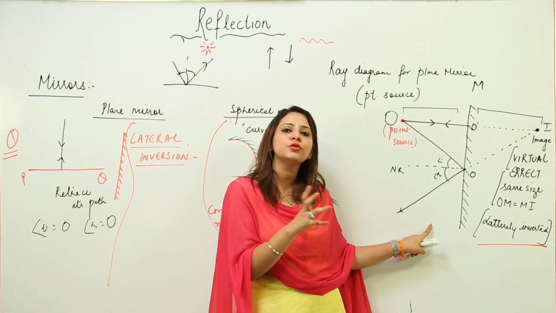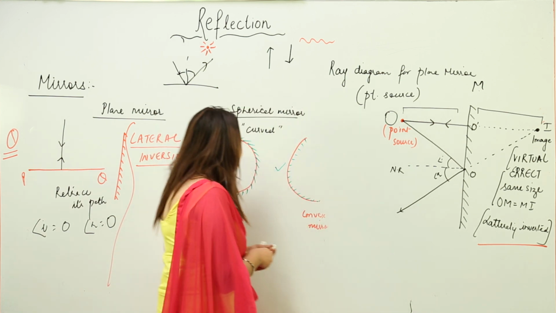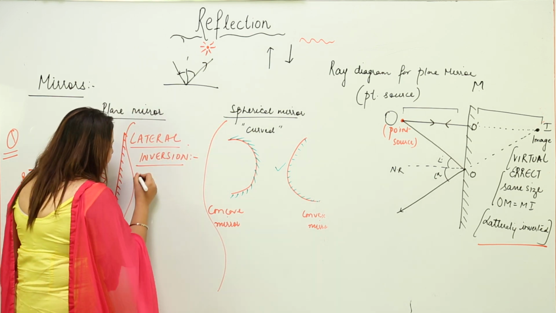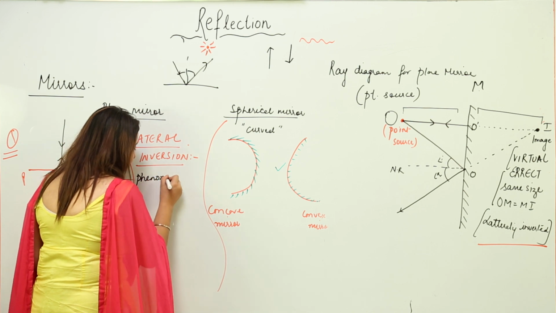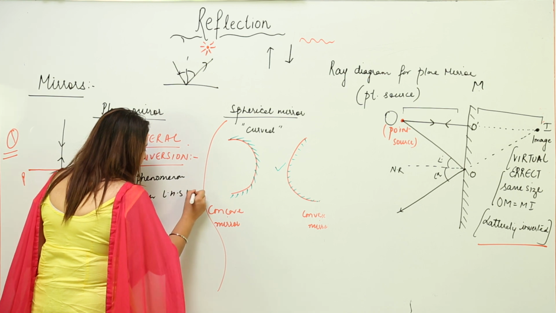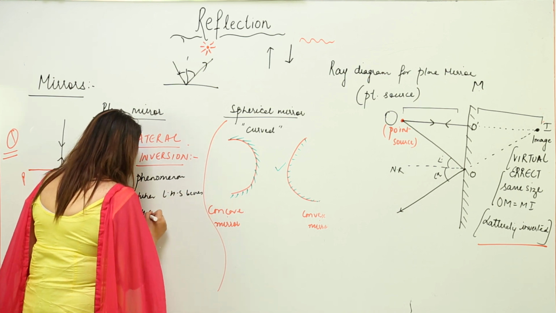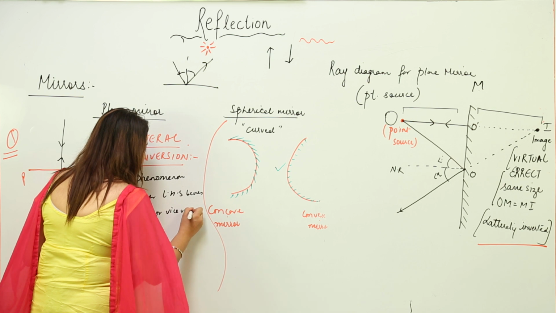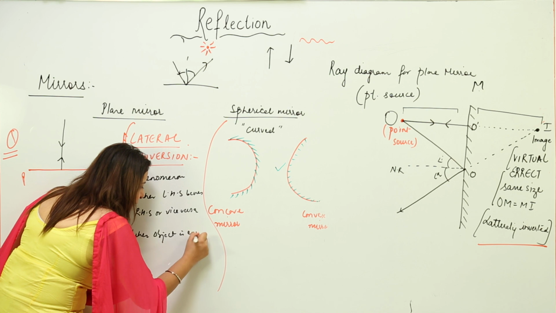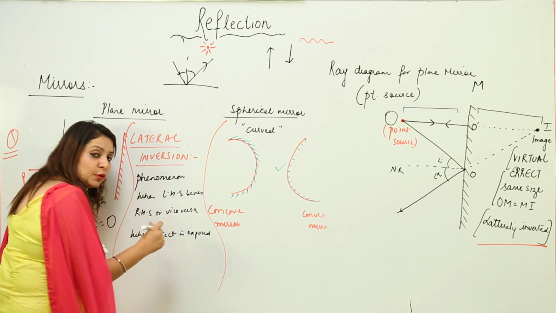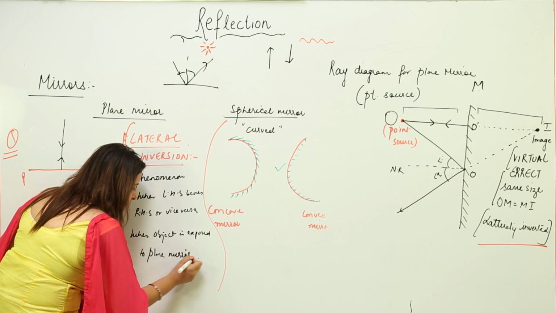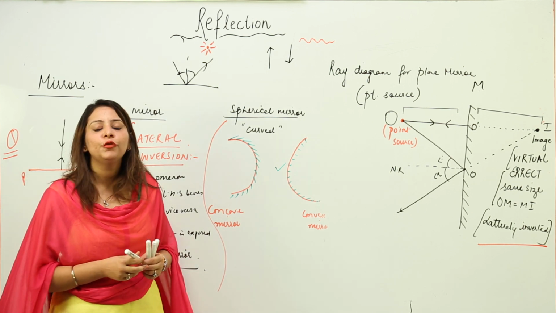The plane mirror always shows this: your left becomes right and right becomes left. So lateral inversion is a phenomenon when LHS becomes RHS or vice versa, when an object is kept in front of a plane mirror. This is the specific characteristic of the plane mirror.